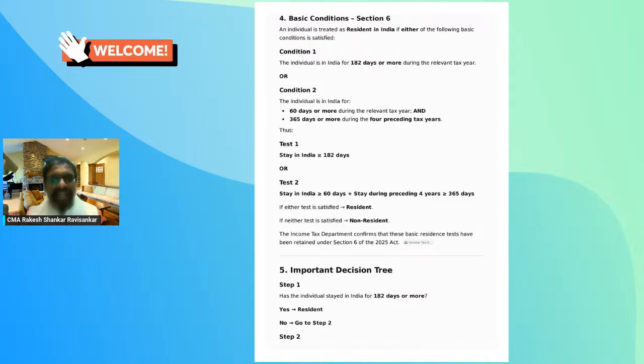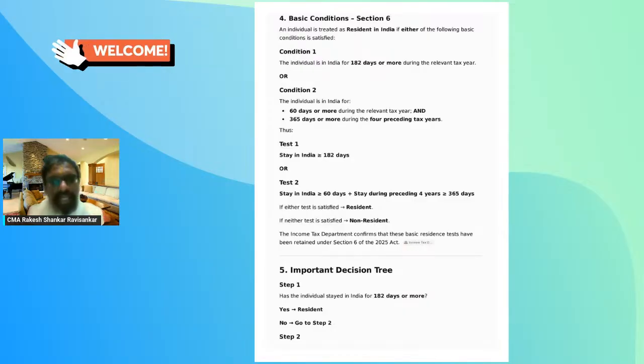The second condition is that the individual is in India for 60 days or more during the relevant tax year, and here we have one more condition. If 182 days is not satisfied, immediately look for 60 days, and in the preceding 4 tax years the person should have stayed for 365 days or more. So the second condition is 60 days in the current tax year and 365 days or more in the previous 4 years.